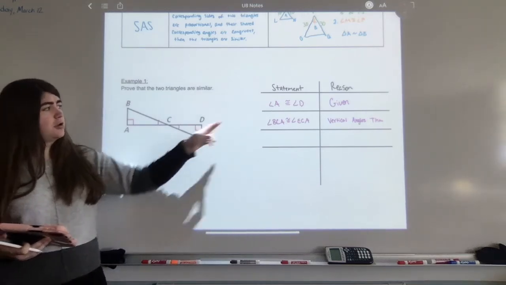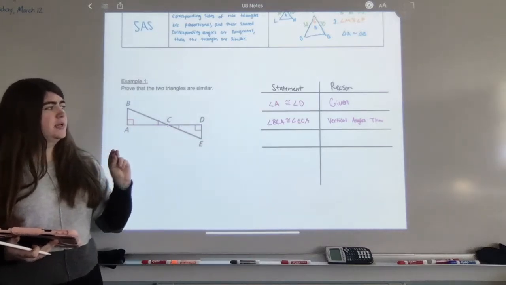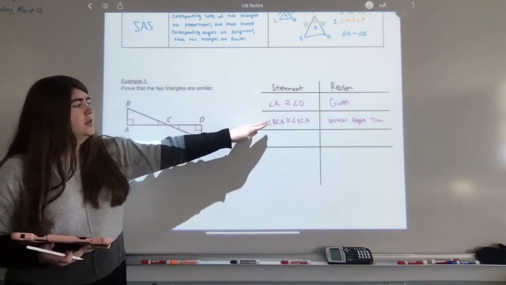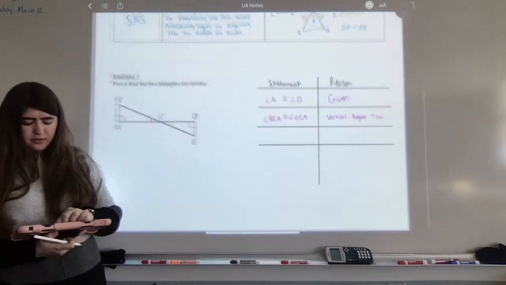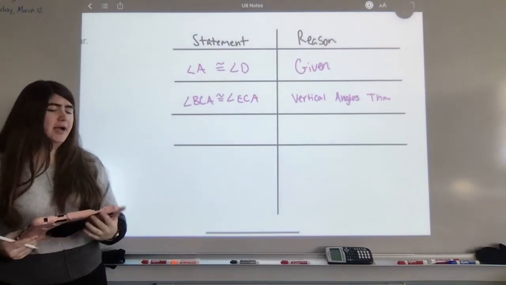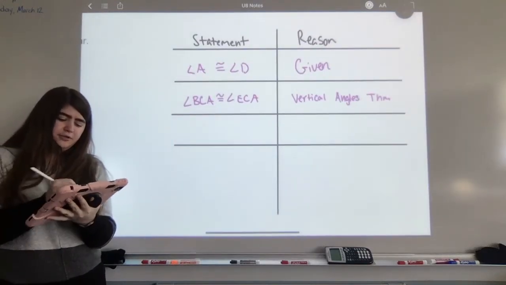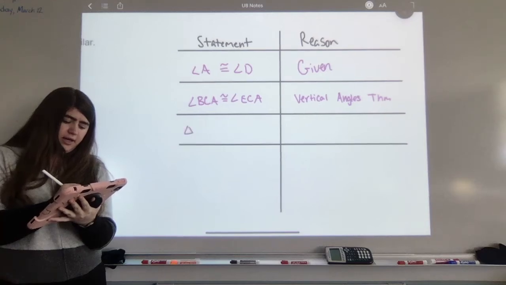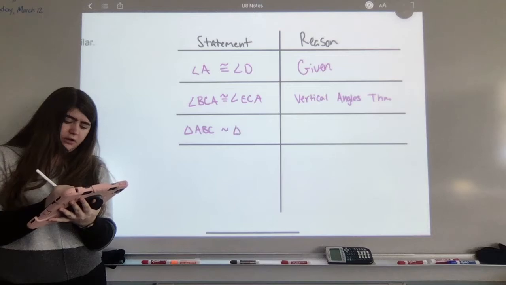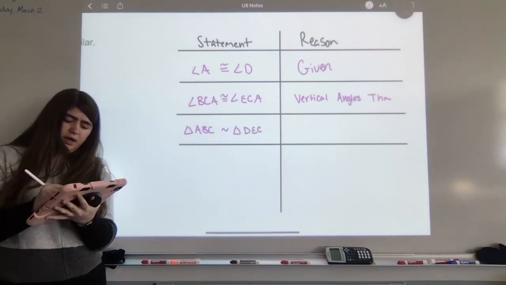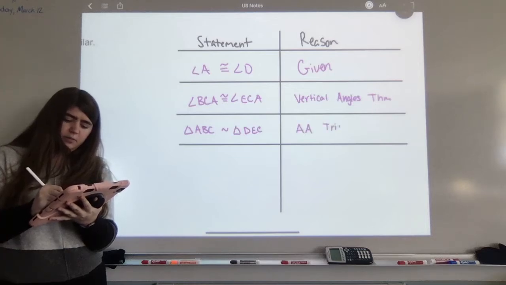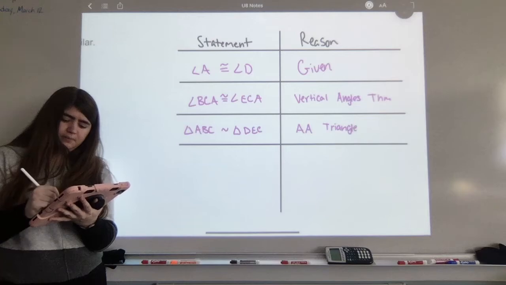All right, so I've shown that I have one set of corresponding angles, or congruent angles, and I have a second set. So I can conclude my proof here. I can say that our triangles are similar. So triangle ABC is similar to triangle DEC because of the angle-angle triangle similarity theorem.